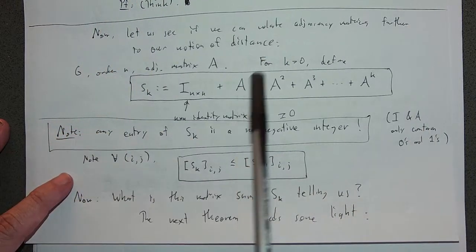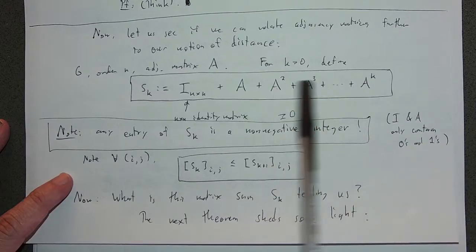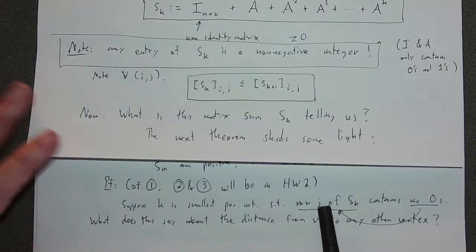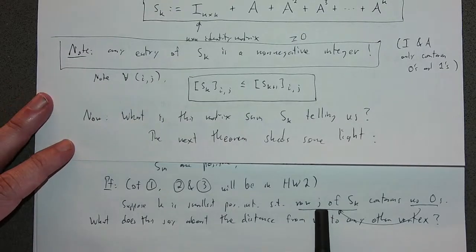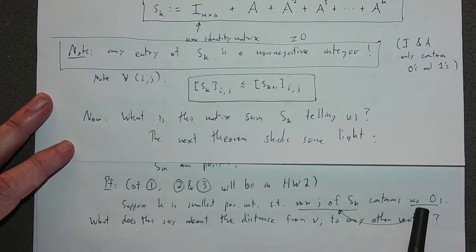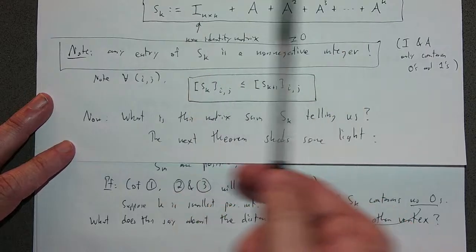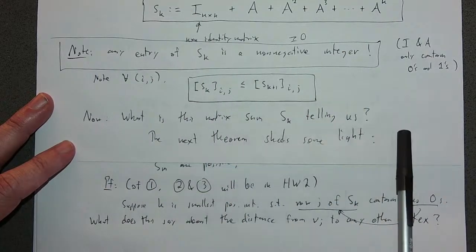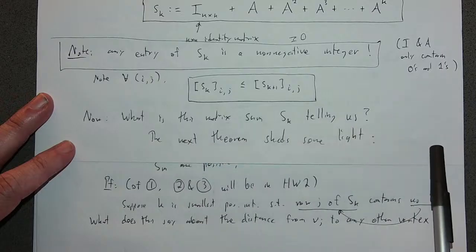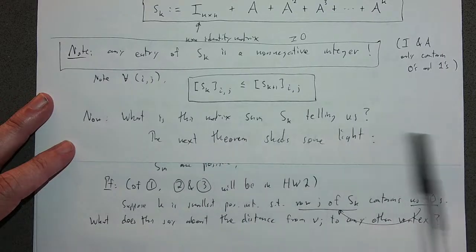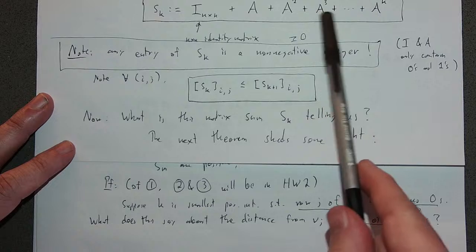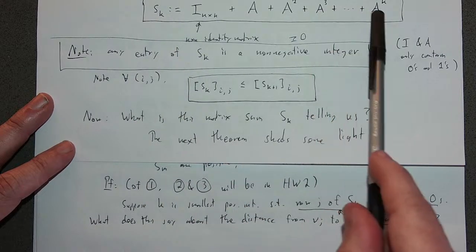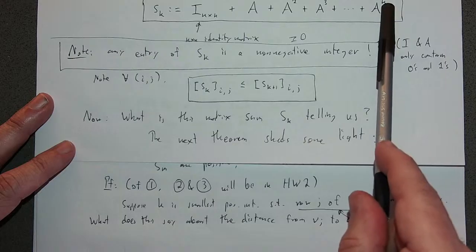So consider that applied to this S sub k. If now we have a row, which we've labeled as row j in S sub k, that contains no zeros, so in this sum there are no zeros in the row, then every single entry is positive. Remember, S sub k only goes up to A to the k here.